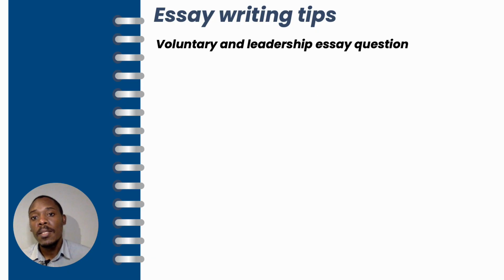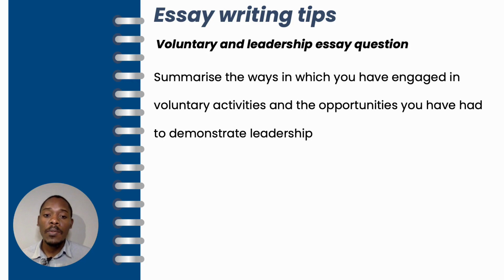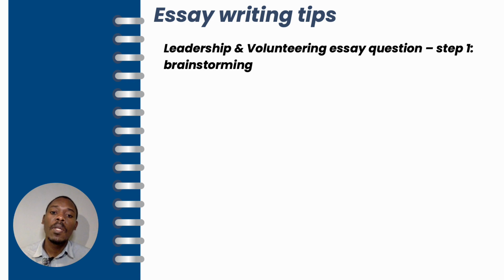Right. The next essay is on voluntary and leadership essay, and we're going to read the essay and then see how we respond to this essay. So the essay reads, summarize the way in which you have engaged in voluntary activities and the opportunities you have had to demonstrate leadership. Okay?